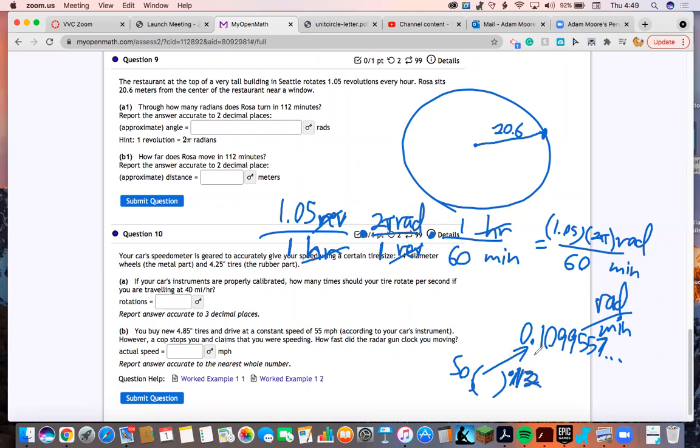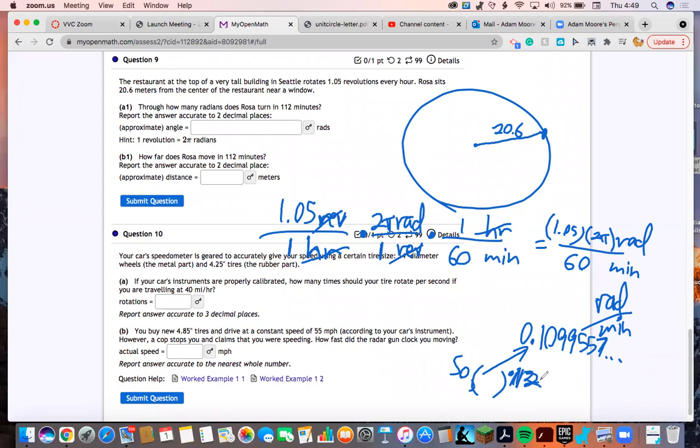That answer we just got, the 1.05 times 2 pi divided by 60, became some mess. Take that times 112 minutes' worth, because that's how many radians she was going every minute. Let's see what we got.